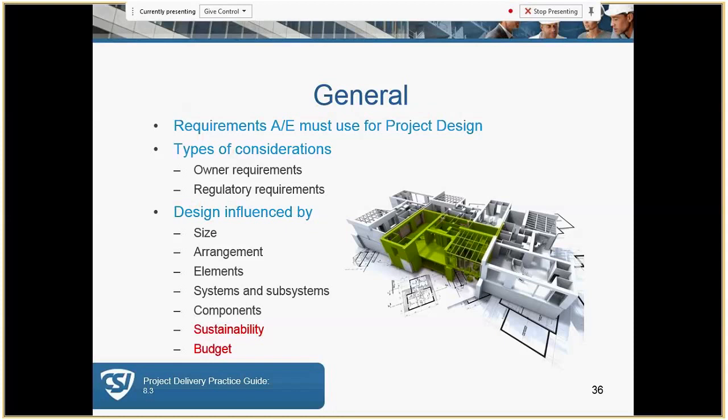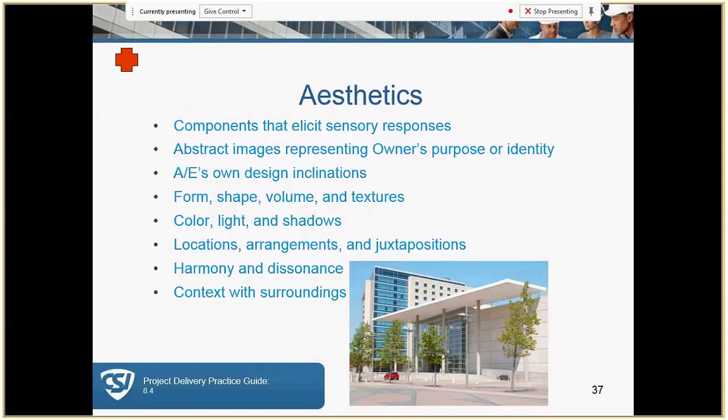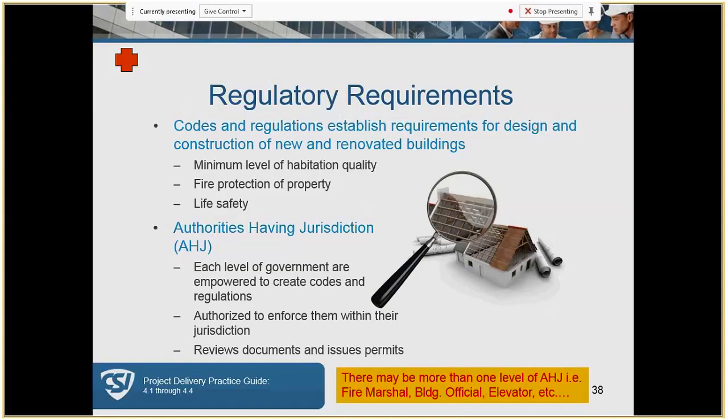The aesthetic has to do with our sensory responses: form, shape, volume, color, light, shadows. These are just some of the descriptions. And then regulations. Most important here is that there might be one or more additional levels of authorities having jurisdiction.